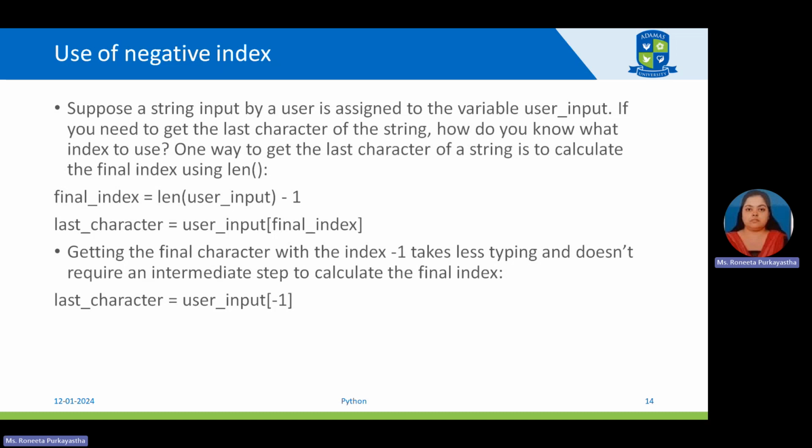Actually, it makes the process easier for a simple task like locating the last character of a string. So getting the final character of a string with the index minus 1 takes less typing and does not require any intermediate step. If you do not know negative indexing, then you have to go for the intermediate step, that means a total of 2 steps.